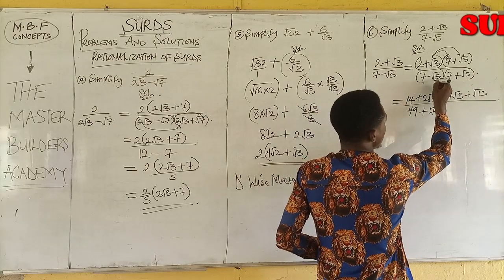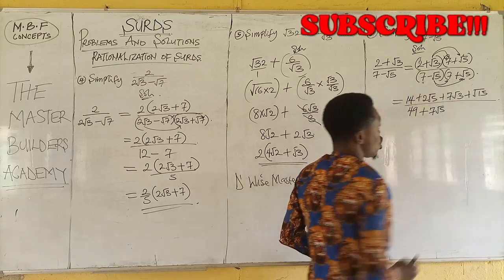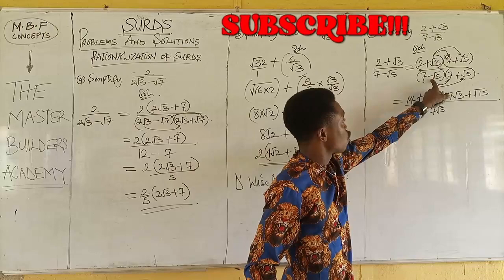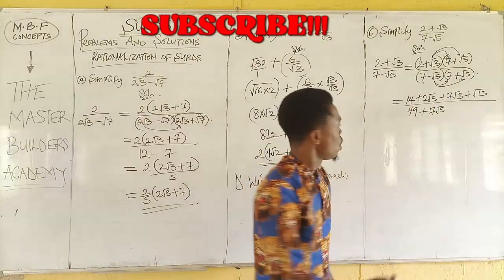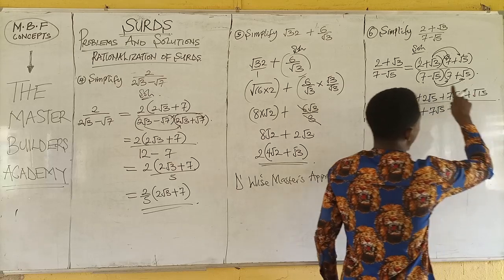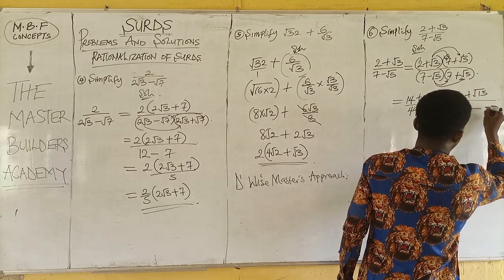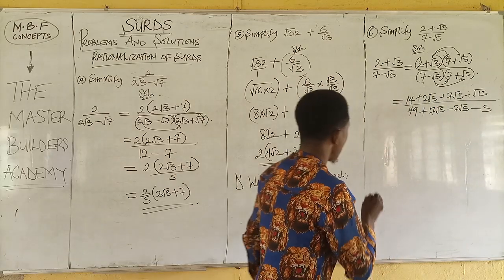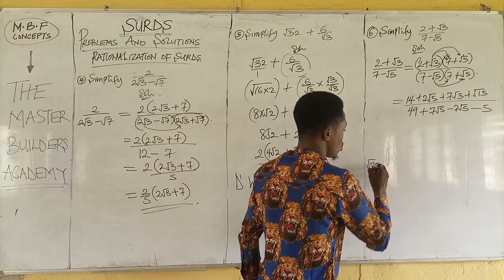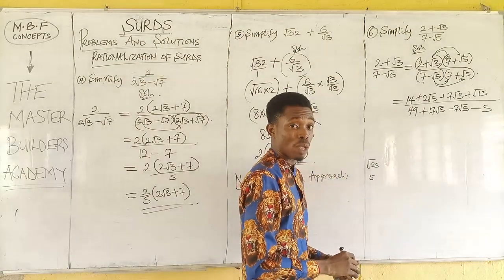Then the next thing we are going to do is to use minus root 5 to multiply everything in the second bracket also. Now we are going to have minus root 5 times 7, we are going to have minus 7 root 5. And minus root 5 times minus root 5, guys, we are going to have minus 5. Don't forget, root 5 times root 5 is root 25, and root 25 is 5. So, hope you are good to go.